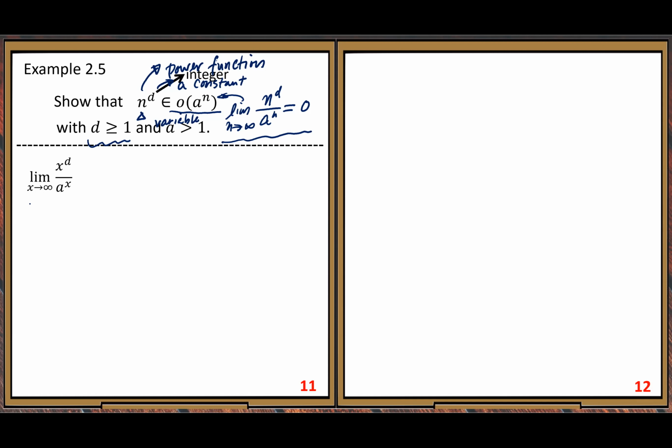Now, we calculate this limit by L'Hopital's rule. You can see I change from n to x. The original question used n, positive integers, but here I change to x. Remember, we switch to a continuous variable.